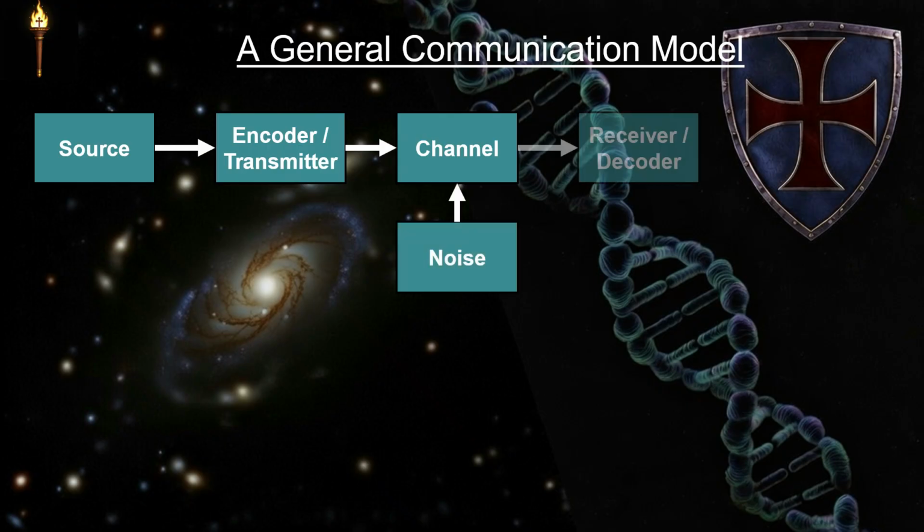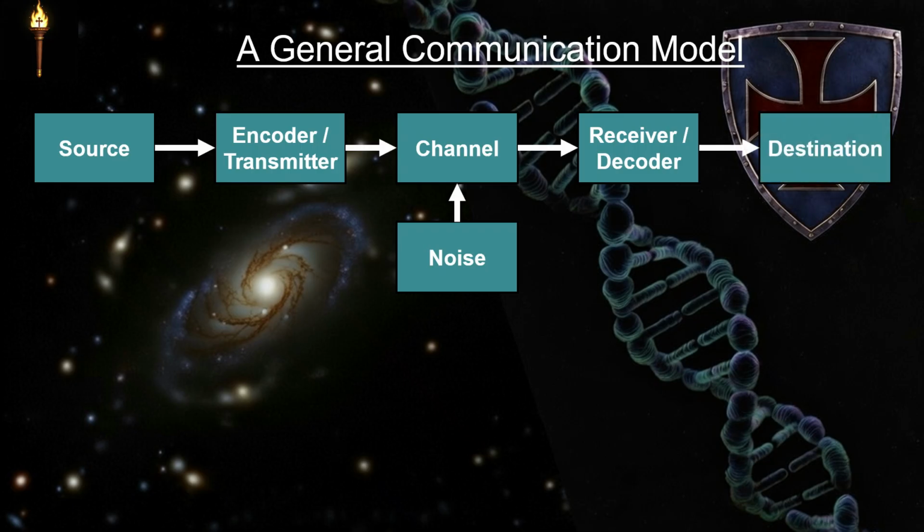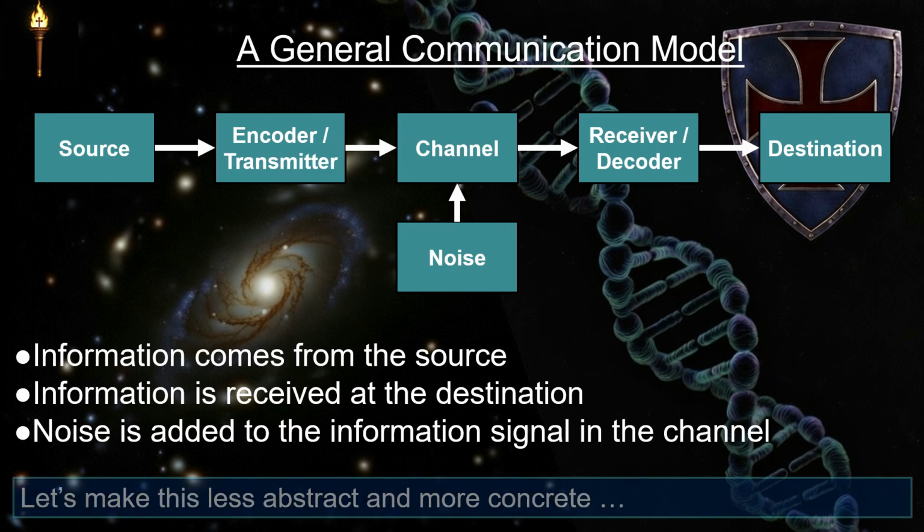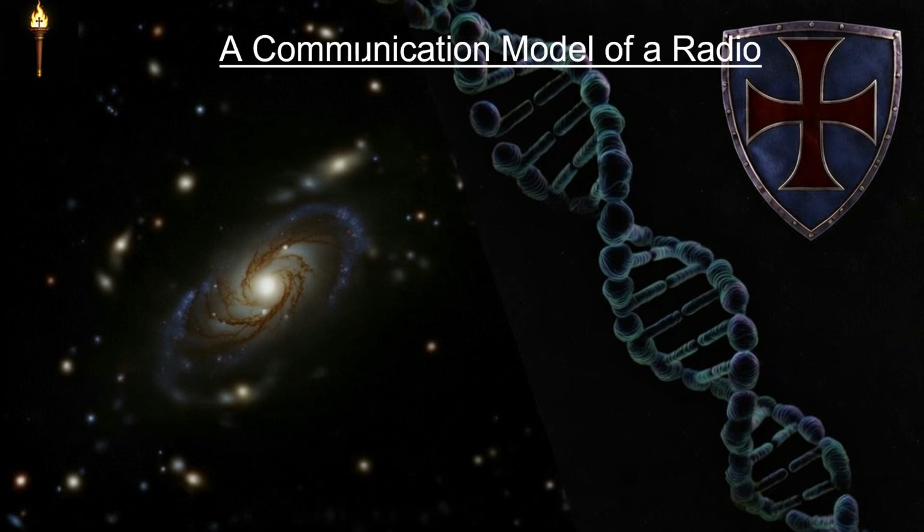There's noise that's added to the channel. The transmitted noisy data is received and decoded, and then the destination gets the information it needs. So information comes from the source, information is received at the destination, and noise is added to the information in the channel. Now this sounds really abstract, so let's make it more concrete.